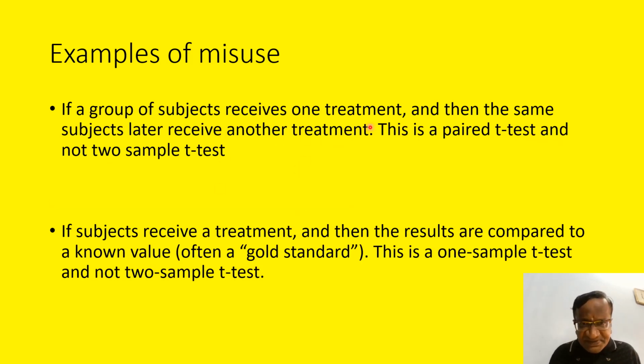If a group of subjects receives one treatment and the same subjects receive another treatment, this is a paired test. This is not 2 samples, that's 1 sample. If the subject receives a treatment and the results are compared to a known value, then it is called a 1 sample test. If you use a 1 sample t-test here and 2 sample t-test there, this is confusion.